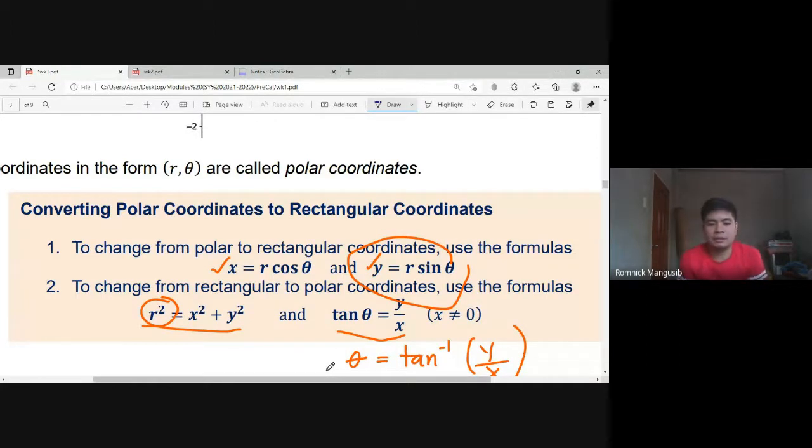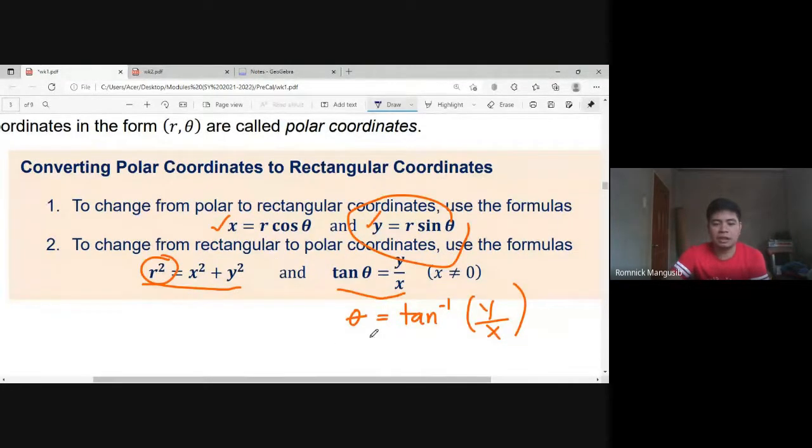X is equal to r cosine theta, y is equal to r sine theta. When you're solving rectangular to polar coordinates, then you're using the Pythagorean theorem: r squared is equal to x squared plus y squared, because the radius r acts as the hypotenuse, and tangent theta is equal to y over x. Ay para makuha mo naman ang angle required. And to get the angle using your calculator, use the inverse tangent of y over x.